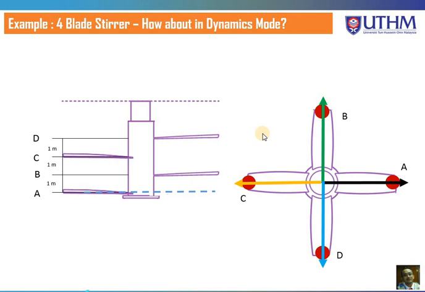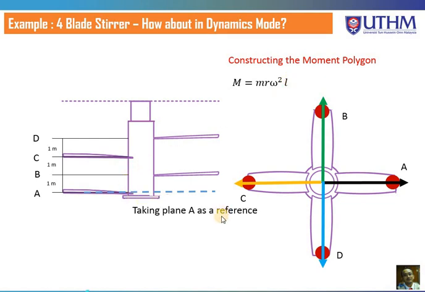Same thing happens. We need to construct the moment polygon first, because it reflects the distance between A, B, C and D. Constructing the moment polygon means we are dealing with the moment, m r omega squared times L. Let's take plane A as a reference plane.